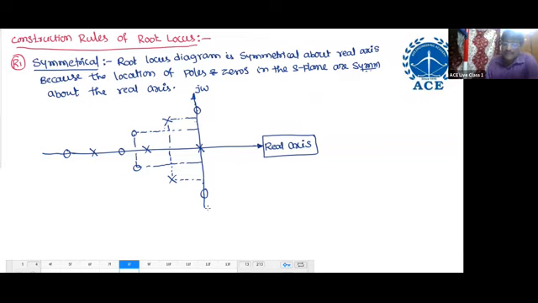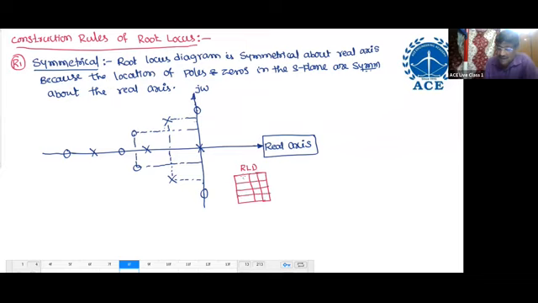symmetry not only depends on the poles and zeros location; symmetry depends on the graph sheet also. The root locus diagram is drawn on a normal graph sheet like this.